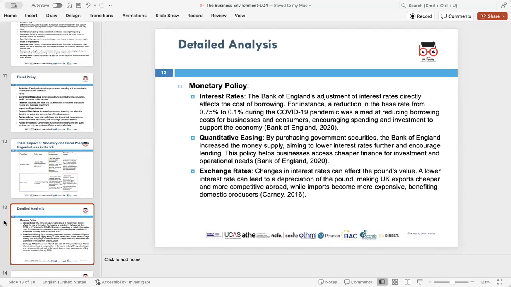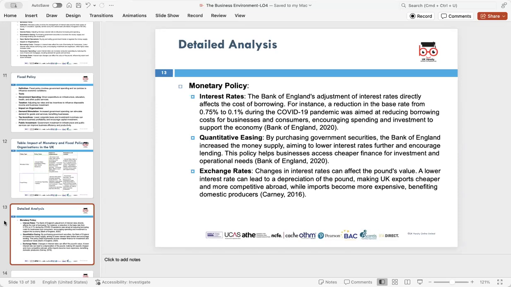Interest rate: the Bank of England adjusts interest rates to manage economic stability and growth. For example, during the COVID-19 pandemic, the base interest rate was reduced from 0.75% to 0.1%. This reduction aimed to lower borrowing costs for businesses and consumers, thereby encouraging spending and investment to support the economy.